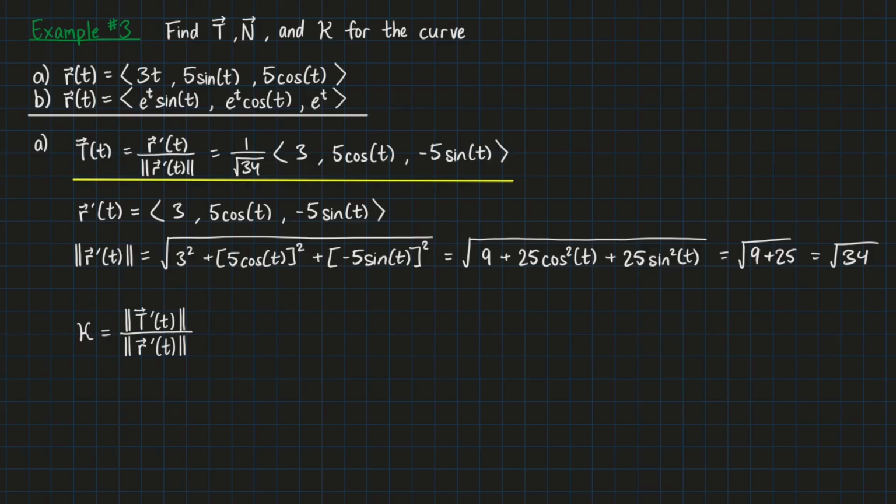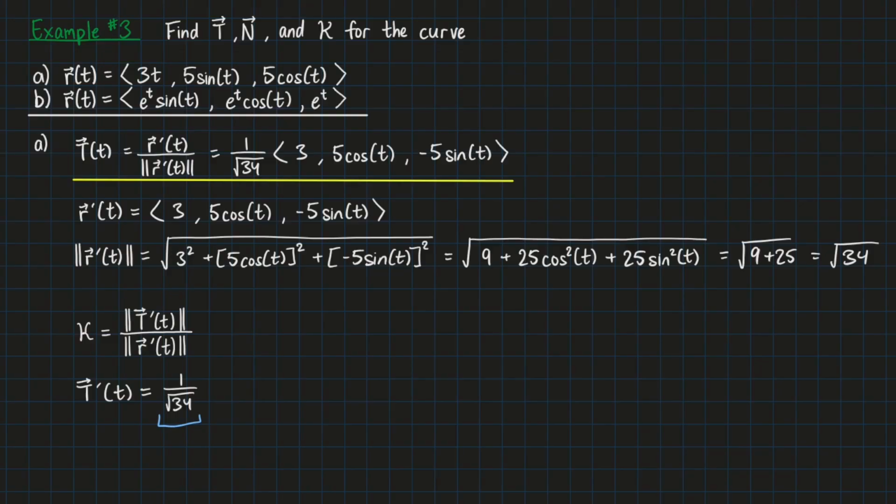Let's take the derivative of T with respect to t. If we look at T, we don't need to take the 1 over root 34 and multiply into each component to take the derivative. This is the coefficient, so we can take the derivative of each component by itself and then keep the coefficient where it is. Now this works specifically because 1 over root 34 is a constant and there are no variables in it.